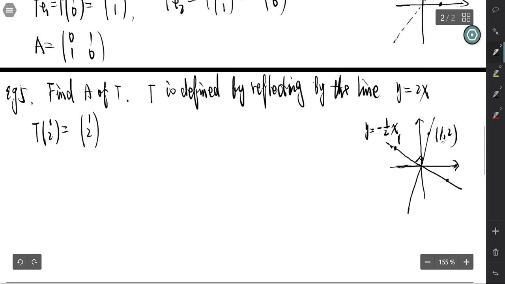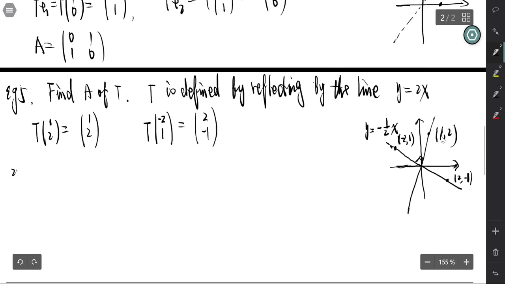For example, (-2, 1) changes to (2, -1). It's symmetric about the origin. So after reflecting, (-2, 1) changes to (2, -1).